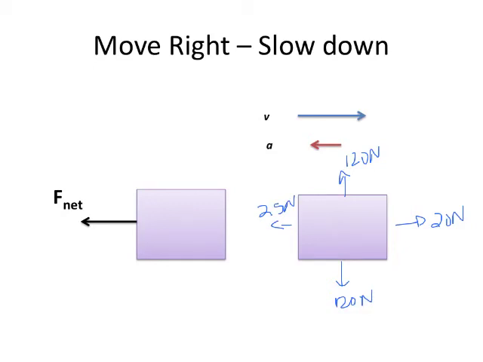Again, we don't need anything for force of gravity or normal force because those two cancel each other out. And then we only need one force that adds our negative 25 newtons with our positive 20 newtons and gives us a net force of negative 5 newtons. And then you don't need anything on the other side. So net force diagrams have just the net force drawn on them. Okay?